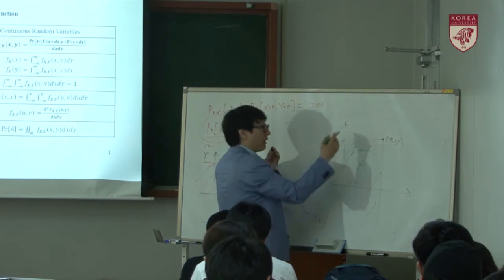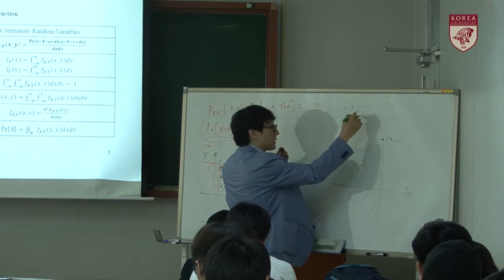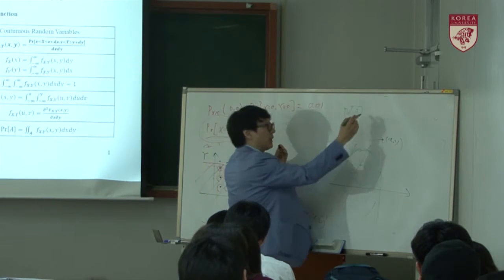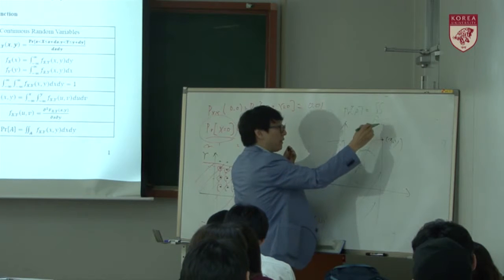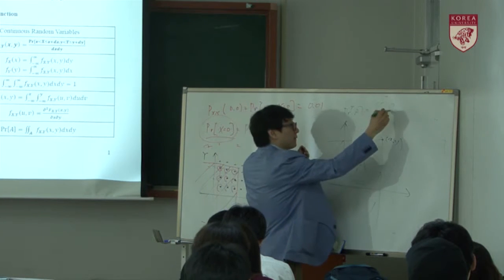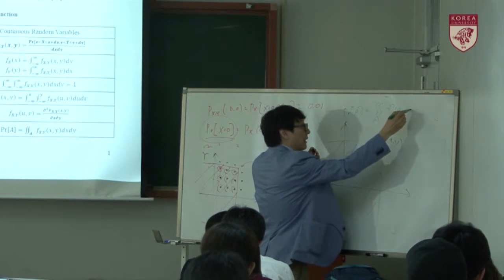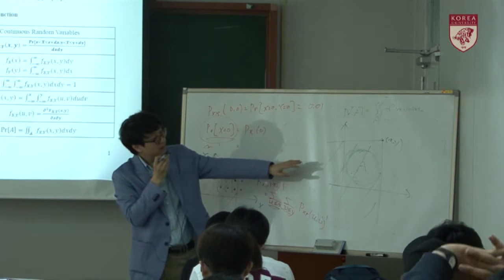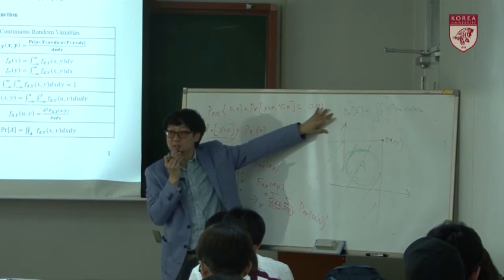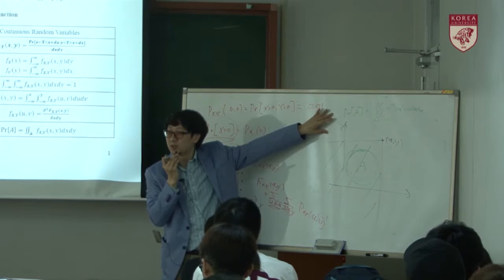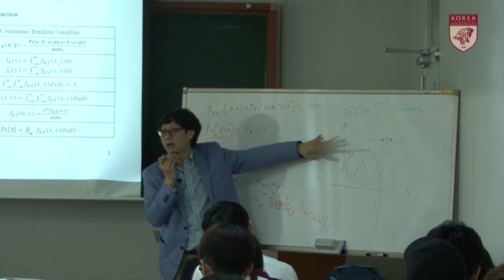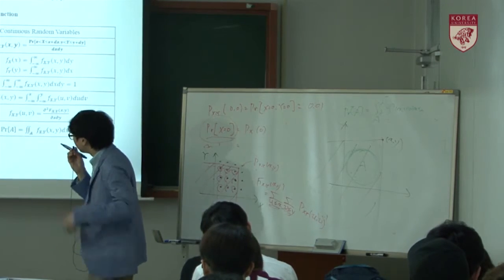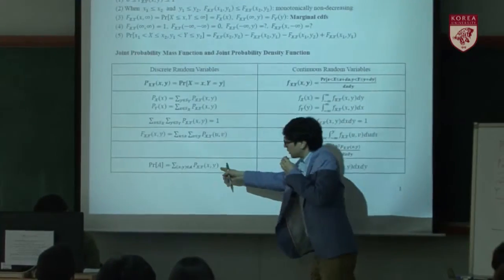So the probability that X and Y fall into the area A can be calculated by integration of the PDF over A. In general, we can express it in this way. Numerically, if A is given and f_XY is given, you can calculate it theoretically, even though it may be difficult. It's the same. So this one is also the same.